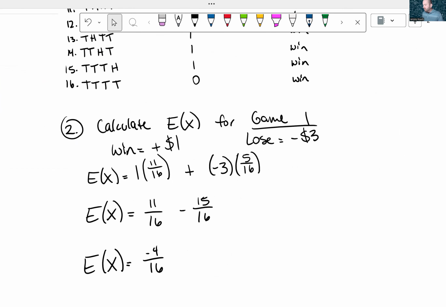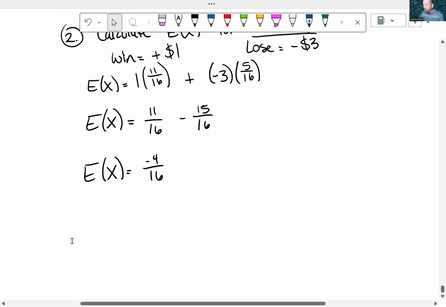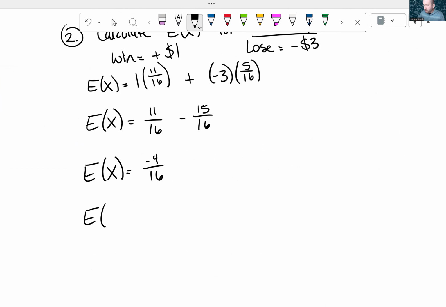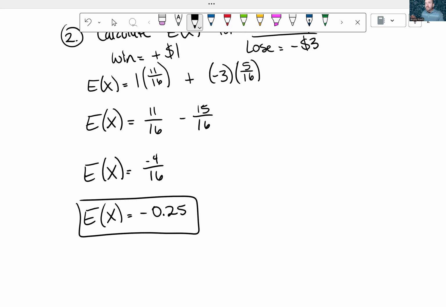If we change that to a decimal, our expected value is equal to negative 0.25. So our expected value is we're going to lose 25 cents per game for game one.